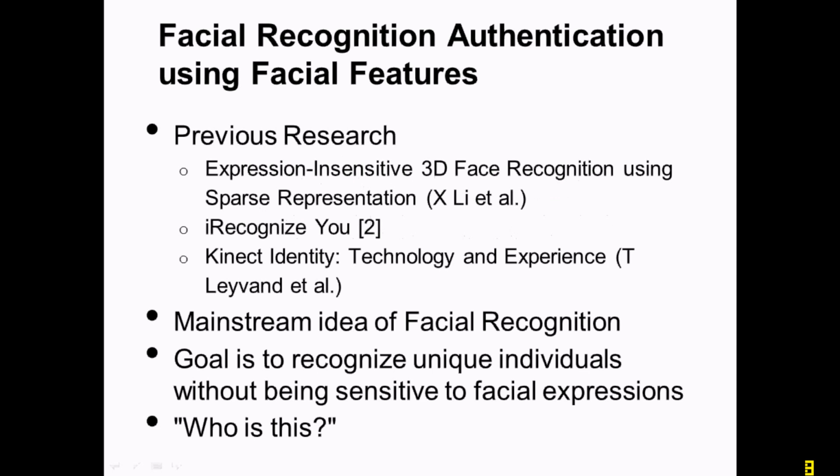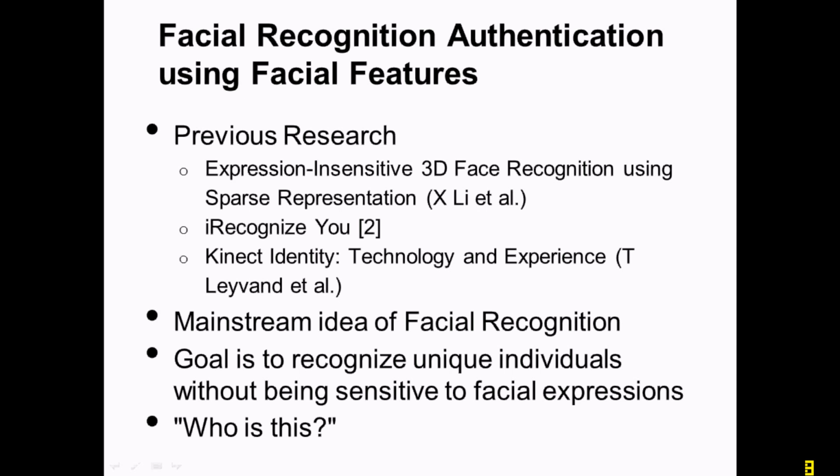So, some background and previous research. Each of these 3 types has different flavors. With facial recognition, one of the flavors is focusing on facial features. This is very widely researched, the mainstream idea of facial recognition. The idea is to recognize unique individuals without being sensitive to facial expressions. So the main question you're asking here is, who is this person?